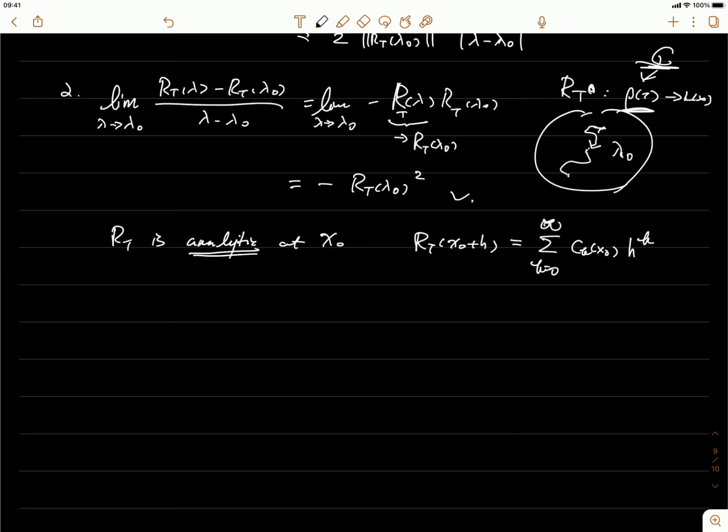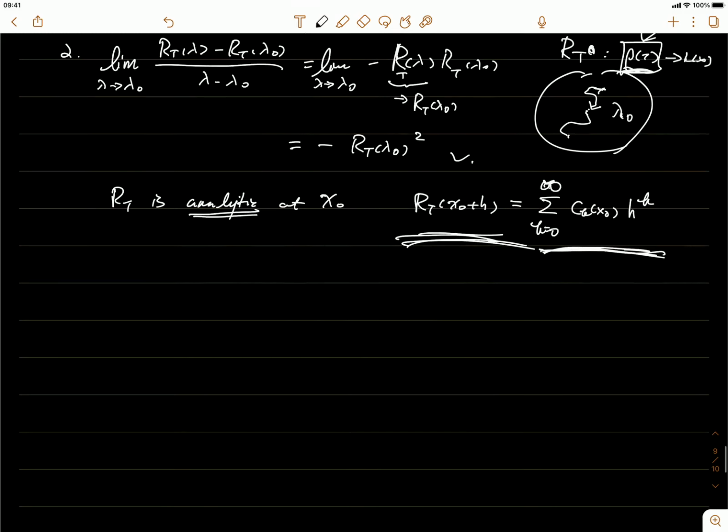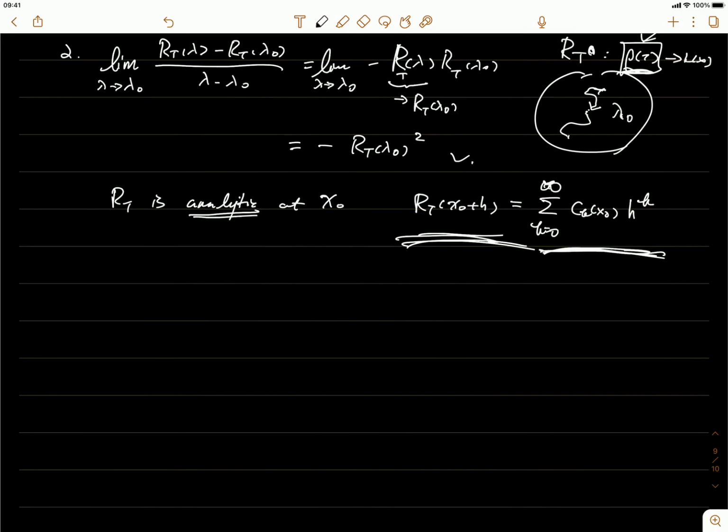If you can show that this can be written as a convergent power series in this way, then we say that R_T is analytic at the point x naught. For the complex-valued case, as long as you can show that R_T is differentiable, you can claim this. That's the result from complex analysis, but we're just going to use that fact here.